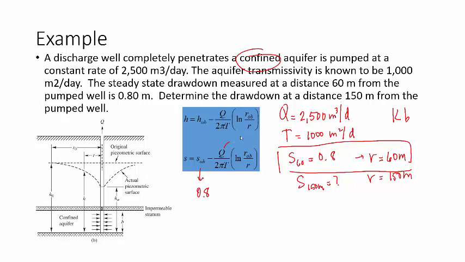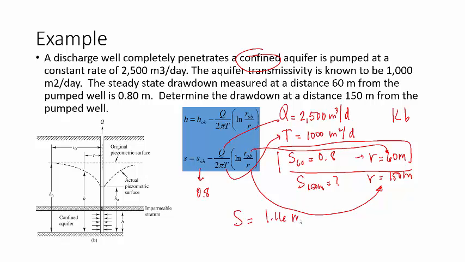So you have 2,500, the coefficient of transmissivity, and the distance for that well is 60 meters, and then we calculate the drawdown at this distance. When we solve it, you should get a drawdown of 1.16 meters. I encourage you to pause and solve it, and make sure you get that answer.